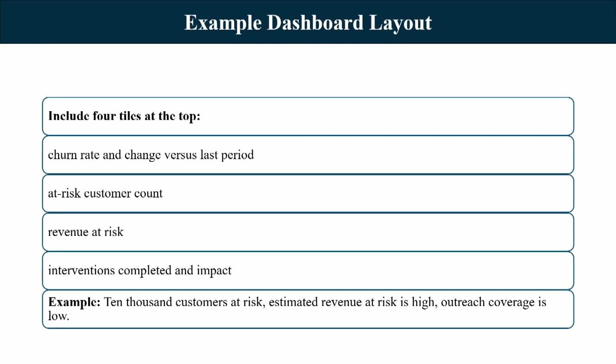Example: 10,000 customers at risk, estimated revenue at risk is very high, and outreach coverage is low. What can be the insights? That we need to increase the outreach, and we might get deeper information regarding who these customers are and which segment they belong to. Are they our VIP customers or our basic customers?